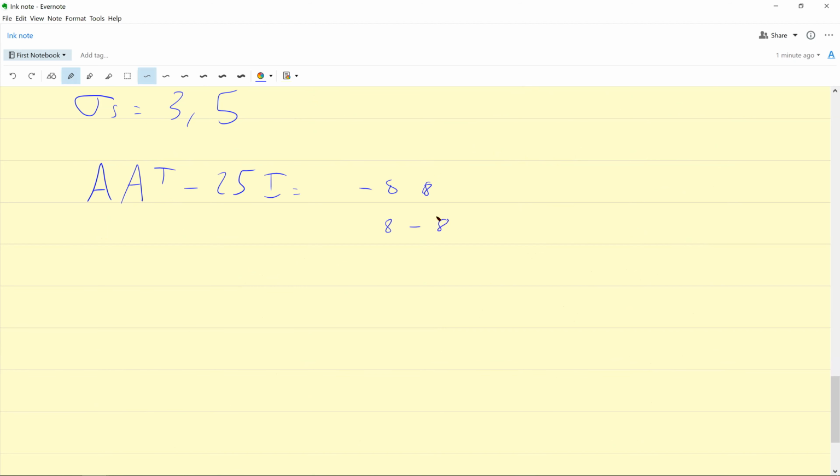Yeah. So the null space of this is going to be the span of 1, 1, right? Do you need to make it a unit vector? Yeah, we'll make it a unit vector in a second. I just want to find an eigenvector first.